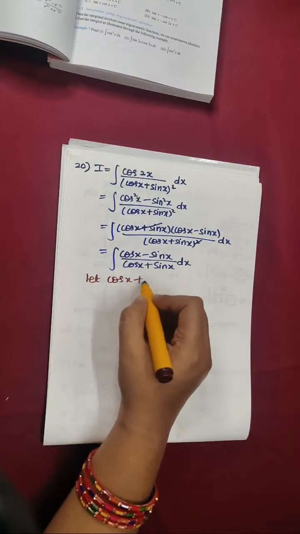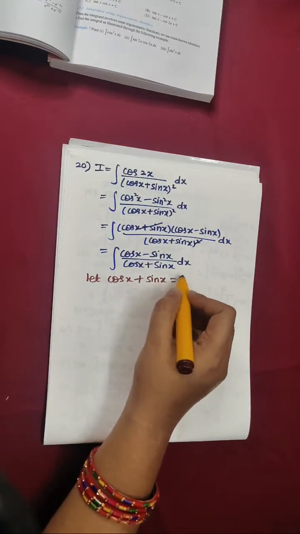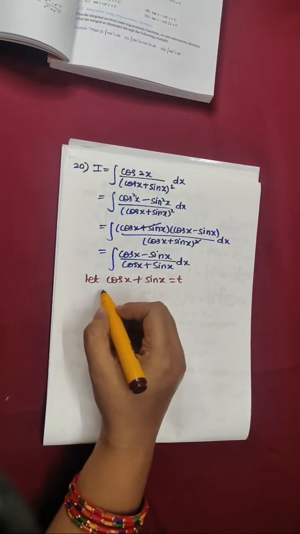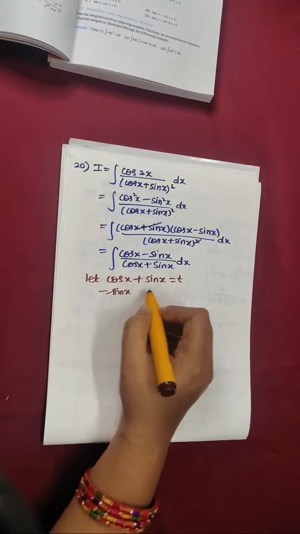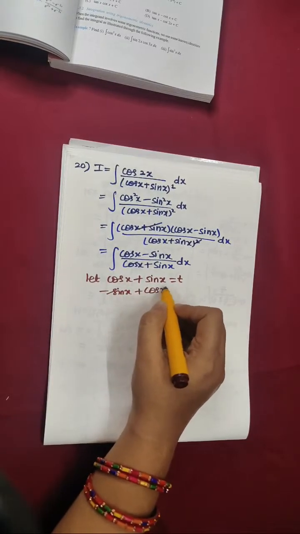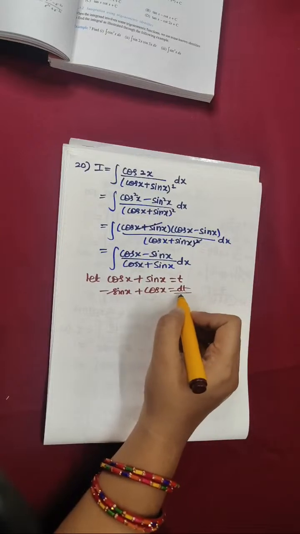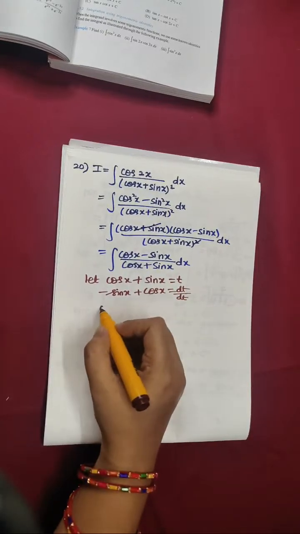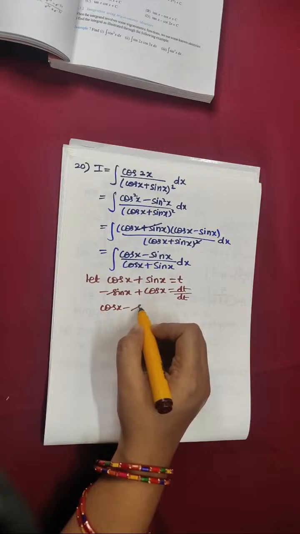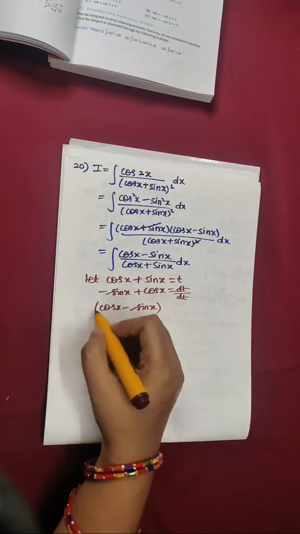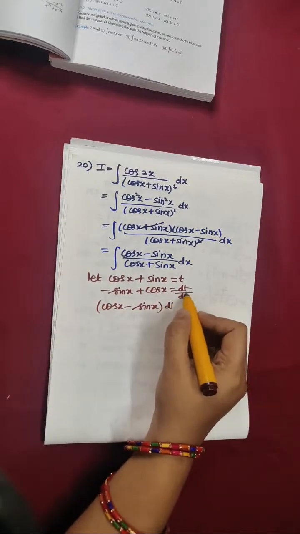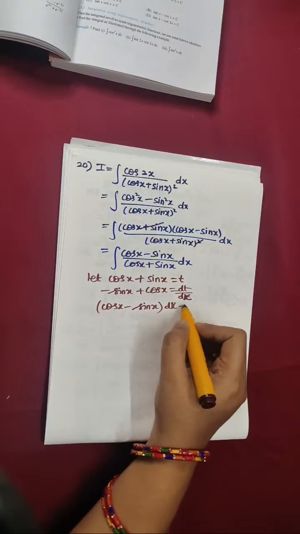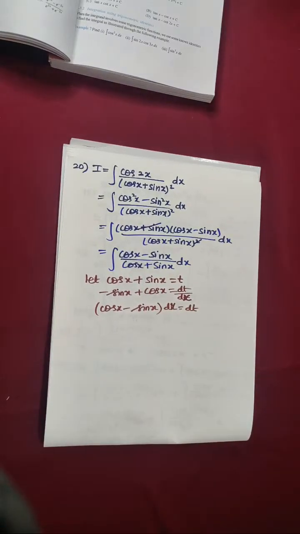So let cos x plus sin x equal to t. Differentiate both sides with respect to x. So minus sin x plus cos x equal to dt by dx, and I'm writing the plus terms first. So cos x minus sin x as a whole into dx equals dt.